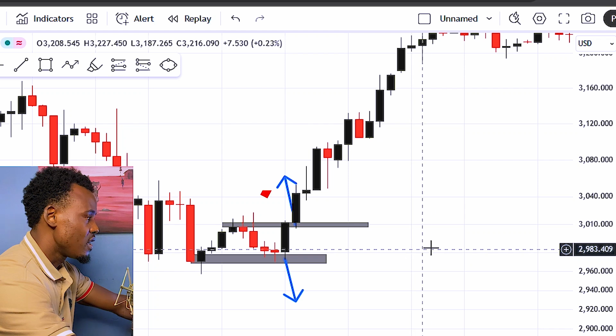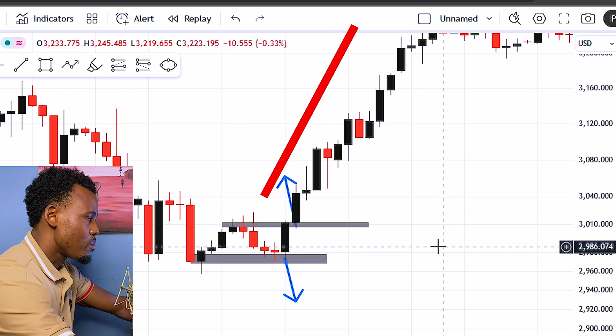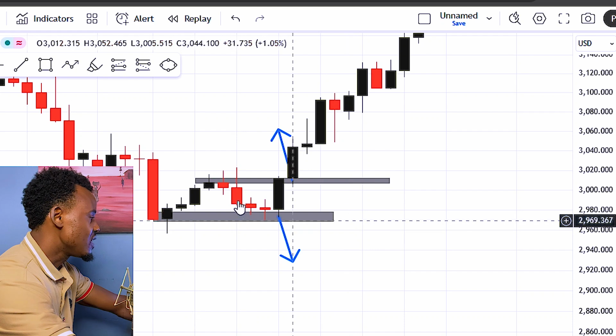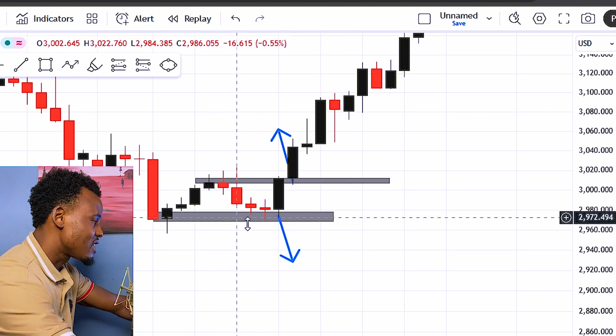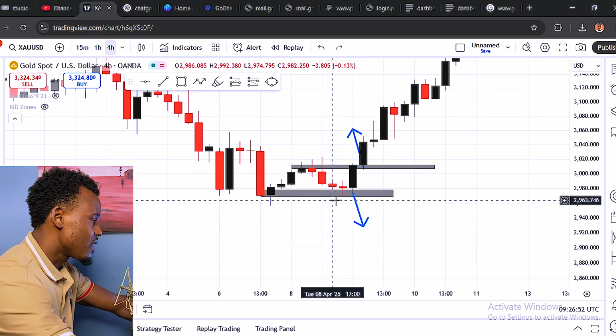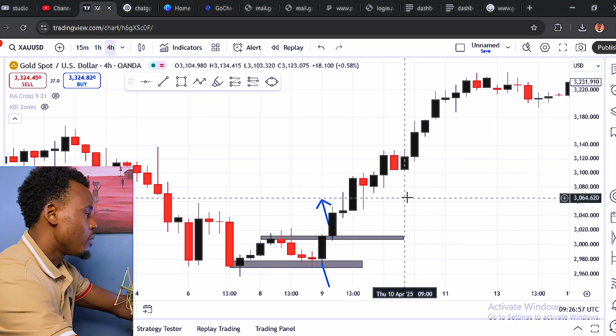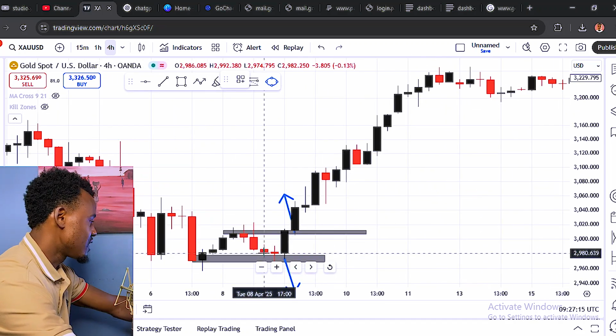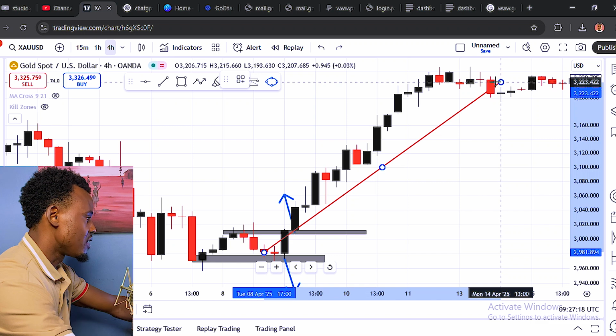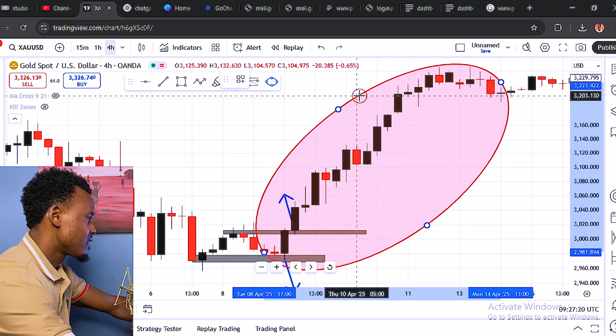what happens there? It was a massive buy. What causes this massive buy is the weakness in the strength of the sellers, and the buyers get into the market and push the price back up. But not just that, from this point right here to this particular area, this is your first target.